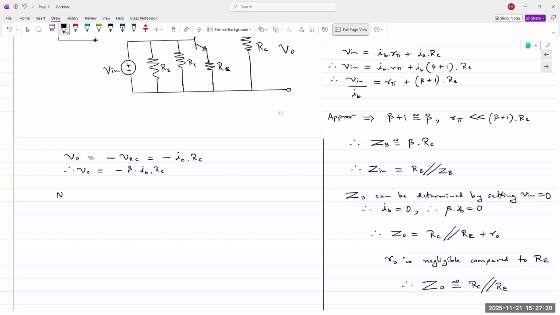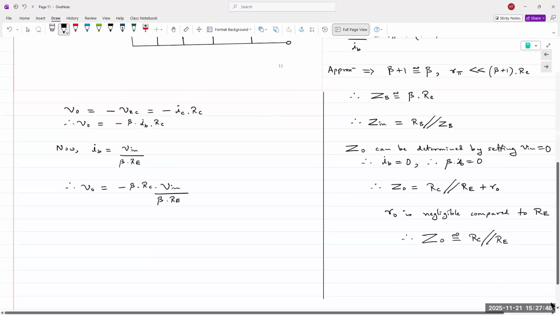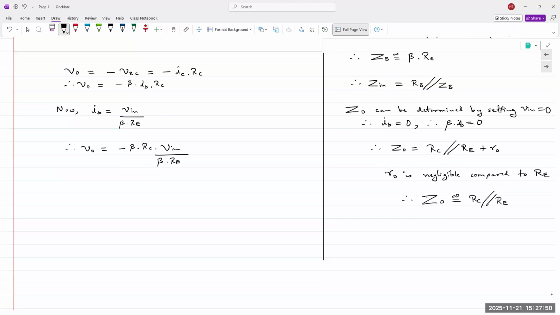IB we can plug in from our previous steps. IB is V in over beta RE. Therefore, V out is minus beta RC times V in over beta RE. And finally, we have both.